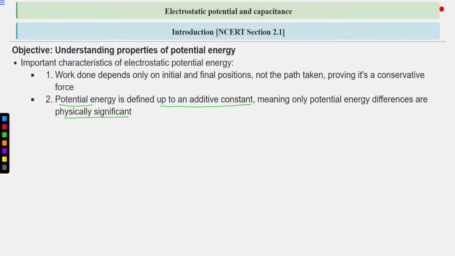The difference remains the same, 3 joule. So we can change the reference point, due to which potential energy at individual points changes, but the potential energy difference remains constant. So potential energy differences are physically significant terms, not potential energy at a point.